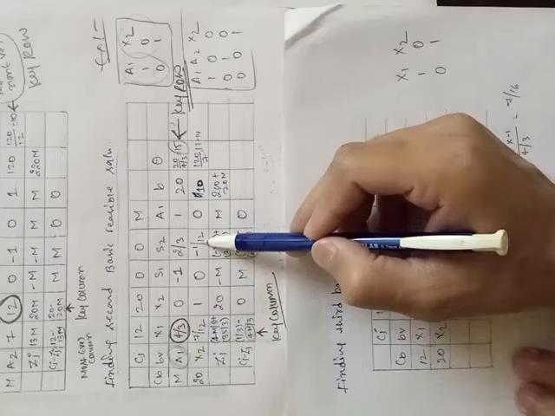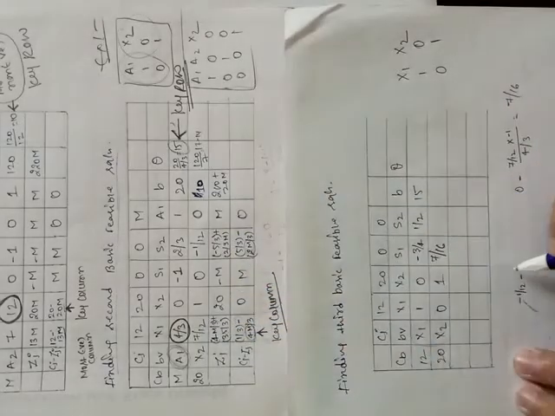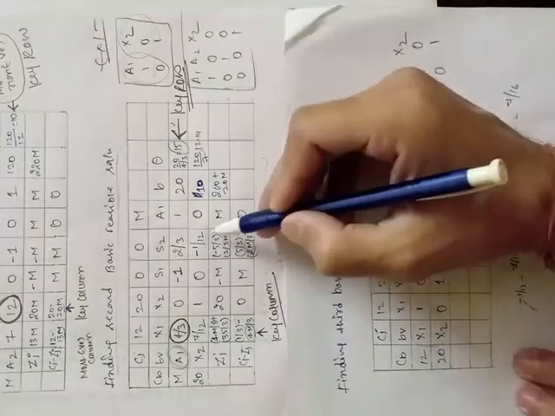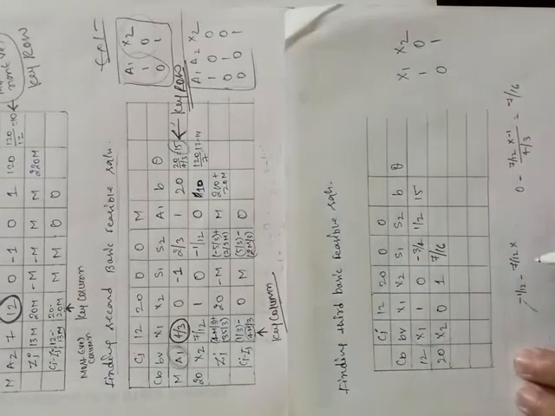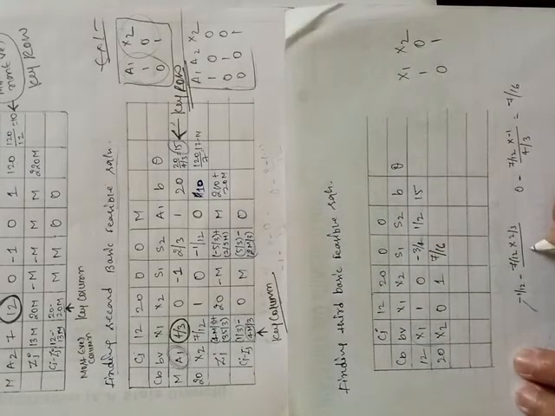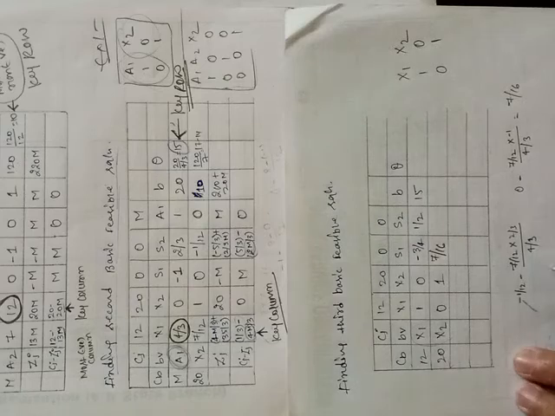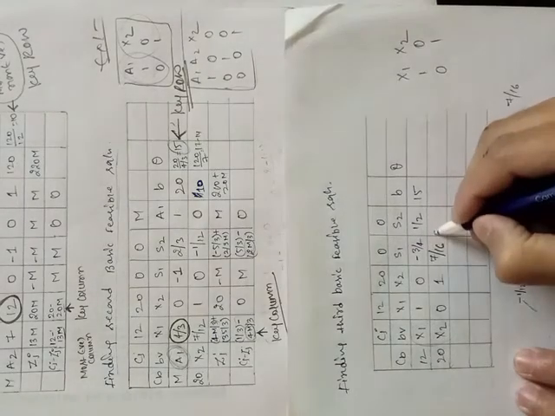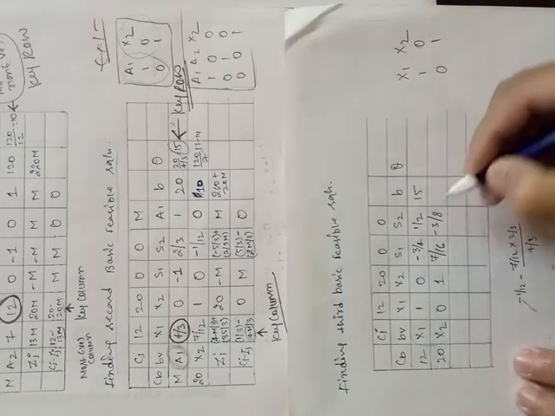So key column value is 7 by 12, 7 by 12 into corresponding key row value, this is key row, so key row value is 2 by 3 divided by key element, that is 4 by 3. This is a key element in the previous table, so the value is -3 by 8. -3 by 8.